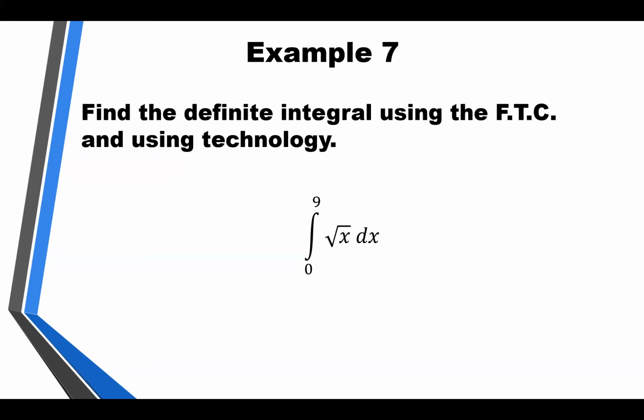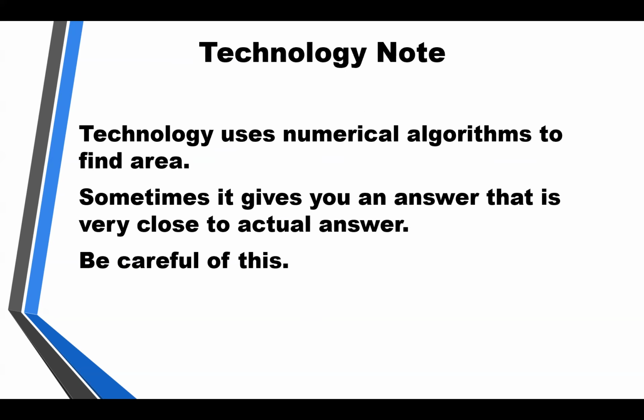But if you're looking for an exact answer, we have to realize that sometimes when we use our calculator, that answer can be off just by a touch. So that's just a note I want to make, that technologies use numerical algorithms to find the area.